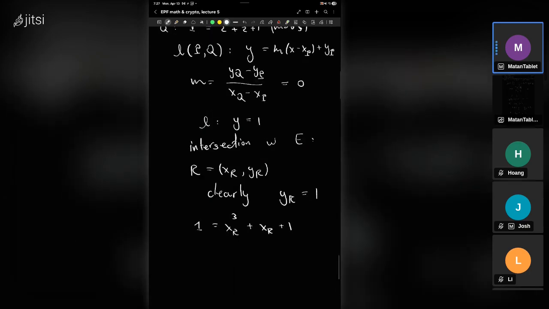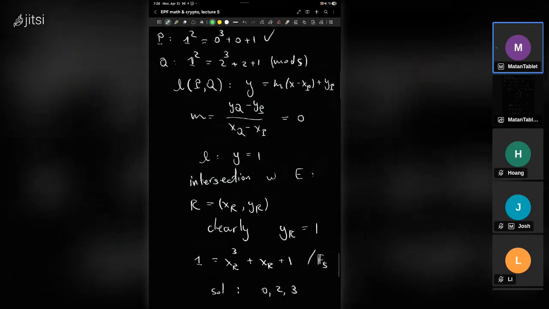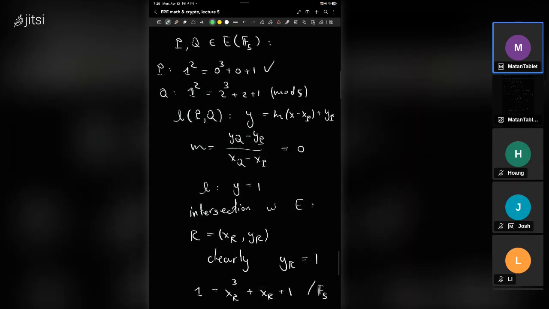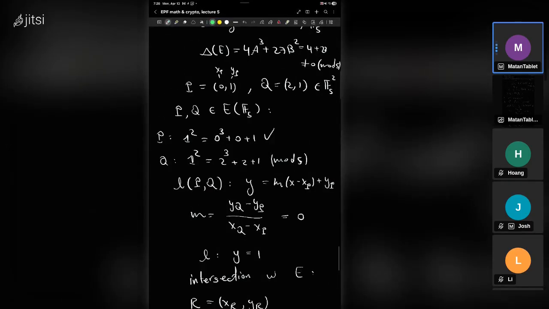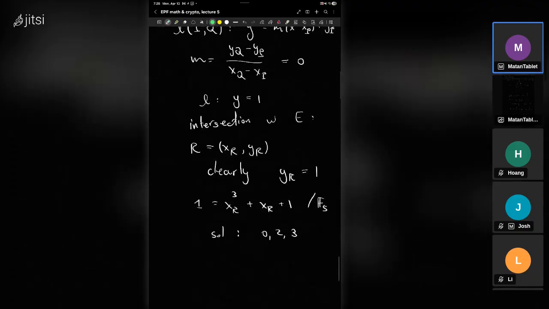And over F5, remember, the solutions are 0, 2, and 3. But 0 and 2 are already appearing in P and Q. Remember, P is (0, 1) and Q is (2, 1).